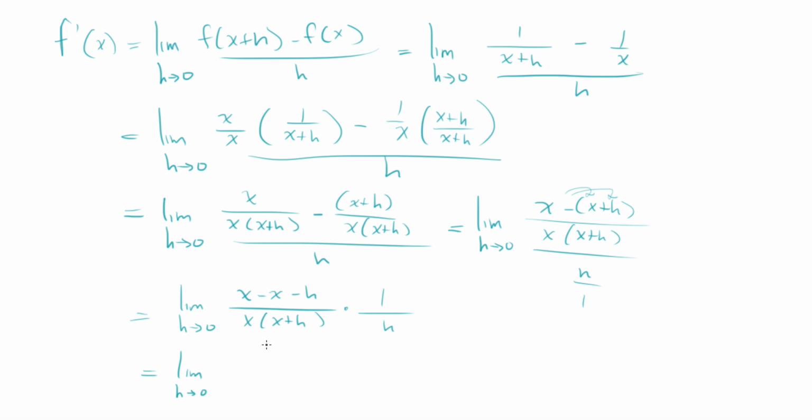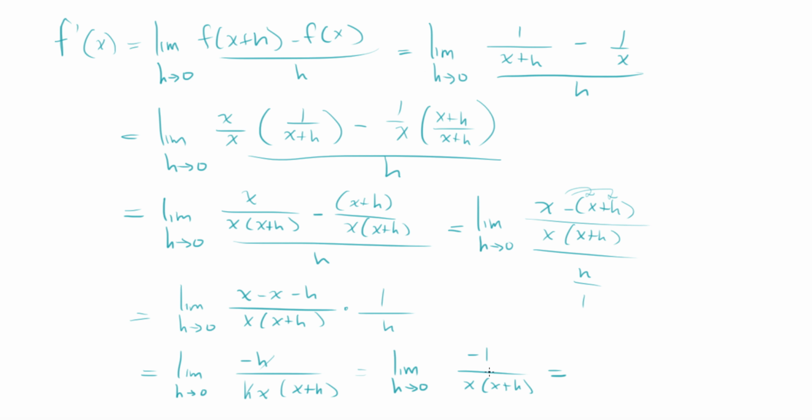x minus x is 0, so you're left with negative h. Now, this h can be put in front. Okay, I'm going to do that because I want to get rid of the h's. So now you're left with this. Negative 1 over x times x plus h.